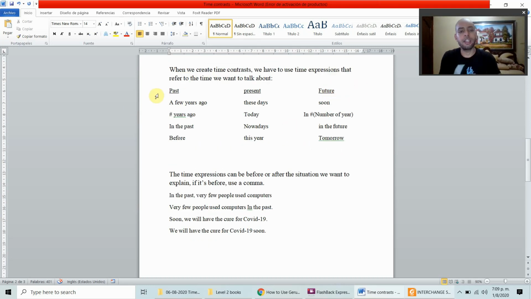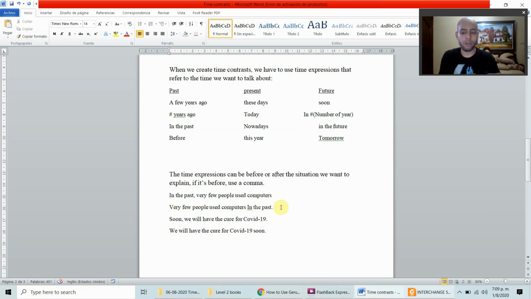So these are not the only time expressions. There are a lot of time expressions, but these are the most common. But of course, there are more than that. So the time expressions can be before or after the situation we want to explain. If it's before, use a comma. For example, in the past, very few people used computers.